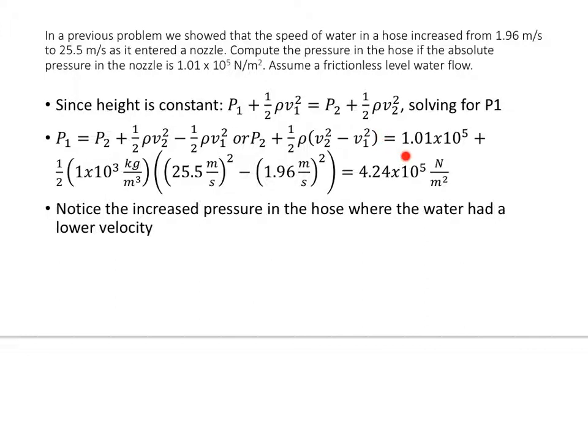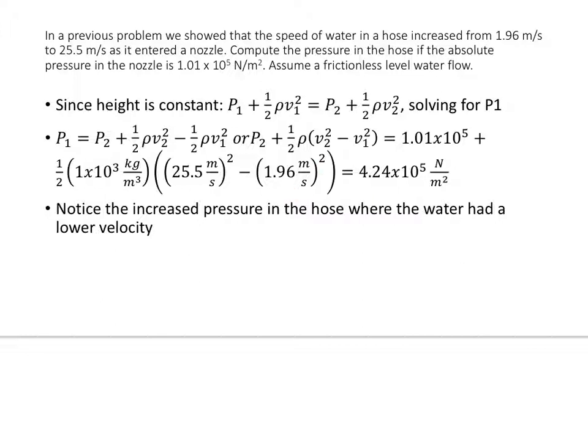Okay, so here is P2, the pressure in the nozzle, plus 1/2. Here is the density of water, 1 times 10 to the third kilograms per cubic meter, times 25.5 squared. That's the velocity in the nozzle, minus 1.96, the velocity in the hose, and those two terms are squared.